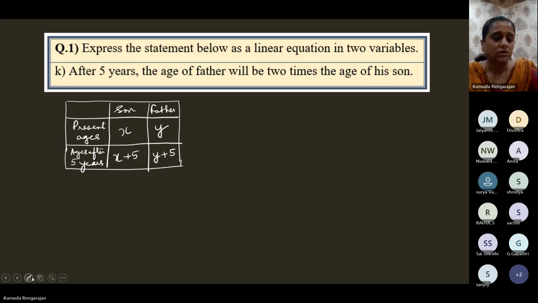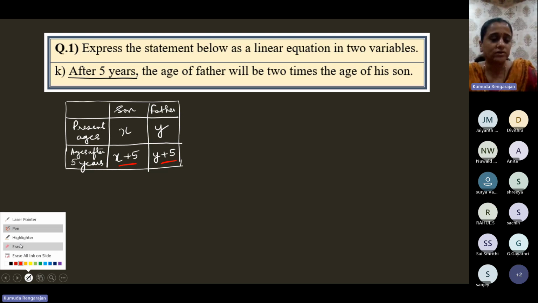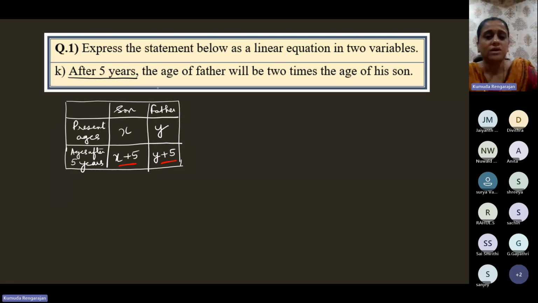Now, to construct the equation, you should use their ages after 5 years only, because here it says after 5 years, so you should use only these assumptions. After 5 years, it's about X plus 5 and Y plus 5.